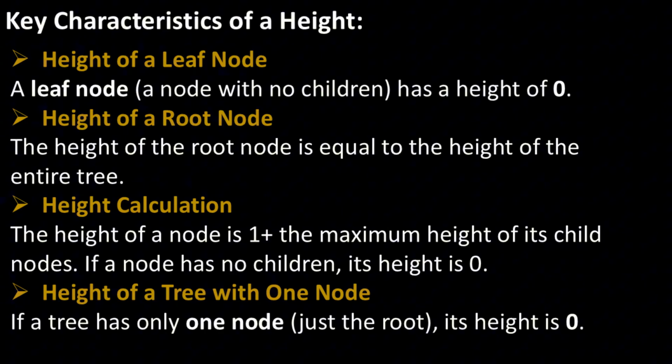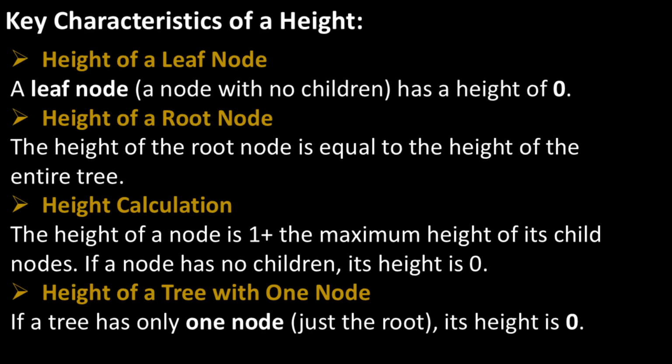First one, height of a leaf node. A leaf node has a height of 0. Second one, height of a root node. The height of the root node is equal to the height of the entire tree. Third one, height calculation. The height of a node is 1 plus the maximum height of its child nodes.